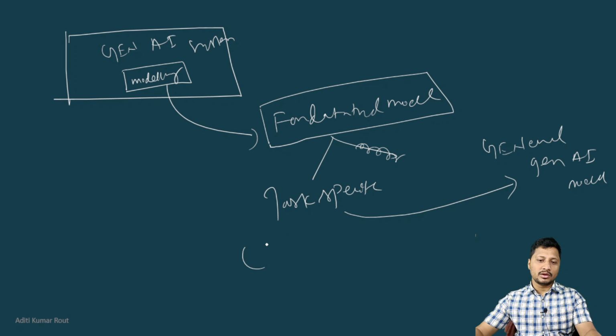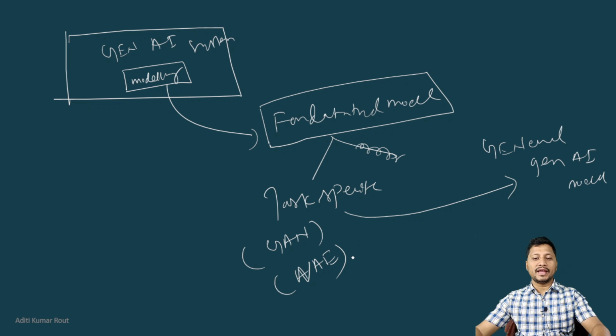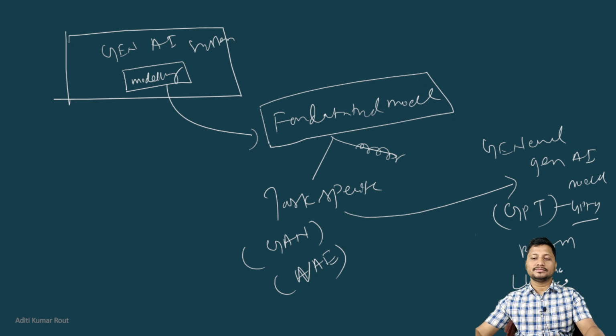Here we have GAN and variational autoencoder models. On top of these, or based on these, we started building pre-trained models, which are transformer-based models, GPT-based models, GPT to GPT-4, or maybe Bloom, LLMs, Llamas.